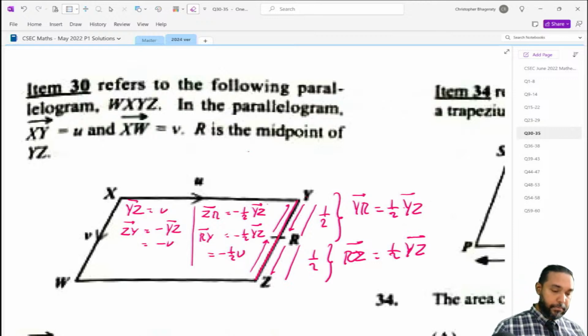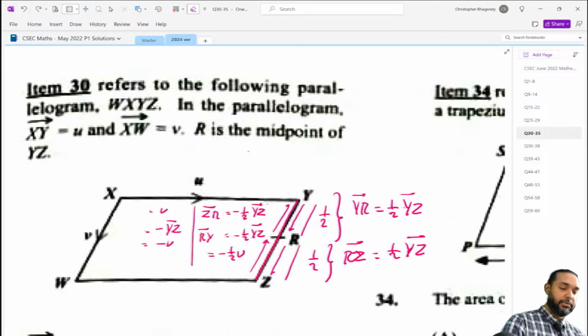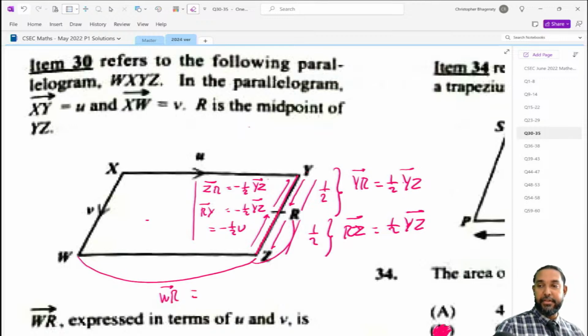Okay, cool. Right, so check it. So let's put together all the things we have, right? So what I want us to do is to go from W to R. To go from W to R, we could go from W to Z and then Z to R, right? So let's write that out. So WR: you can go from W to Z and then from Z to R, right?